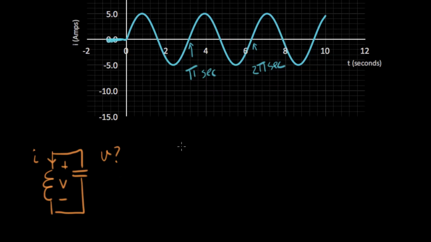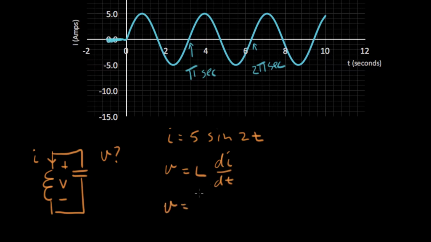So we know that I equals 5 sine 2t. And to find V, one of the easy ways is to use the inductor equation. And we know that V equals L di/dt. That's just the basic inductor IV equation, right? And let's see what happens here.